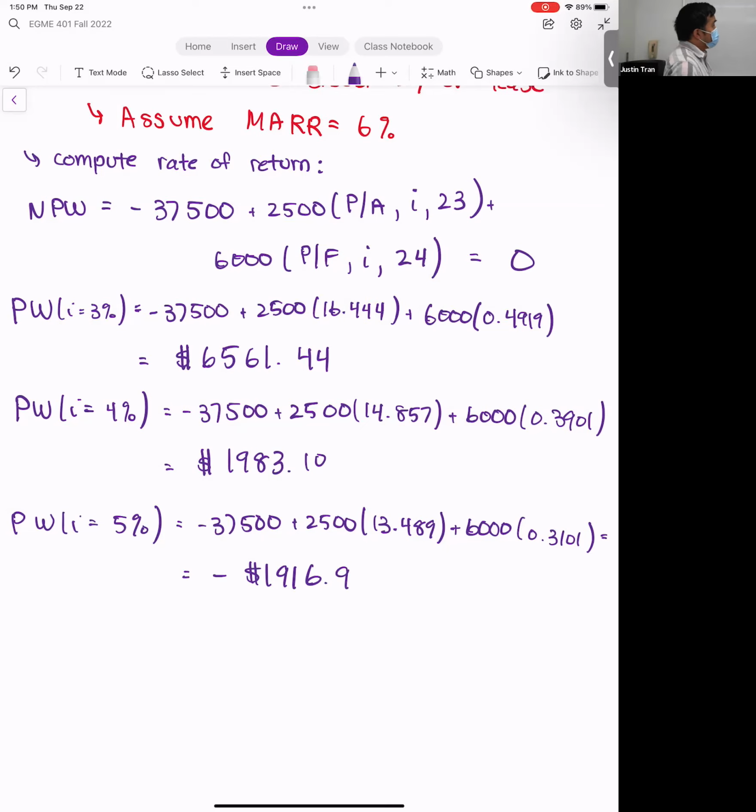So that's good. And in going from 4% to 5%, you can see we went from positive to negative. So somewhere between 4 and 5%, we hit the 0 mark.